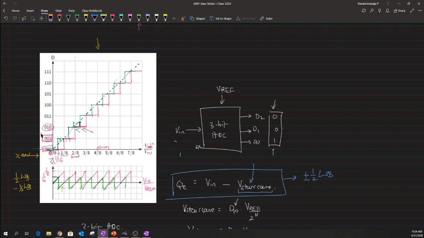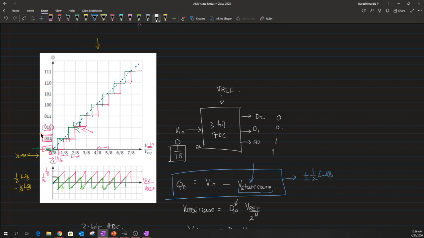What it really means is that when I have a value of 0, I am getting a data output equal to 000, but the moment I move to a new value of 1 by 16, previously this value ended up having the same result of 000, but right now I am changing the data to 001.